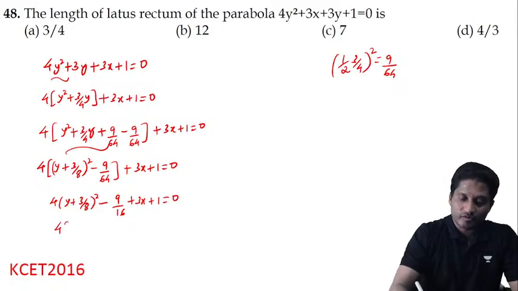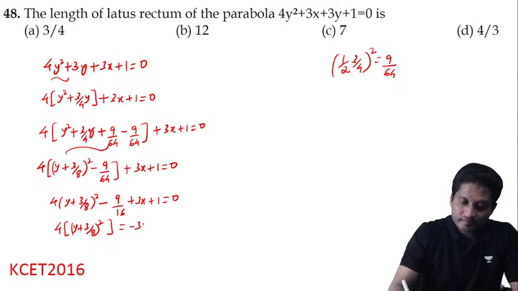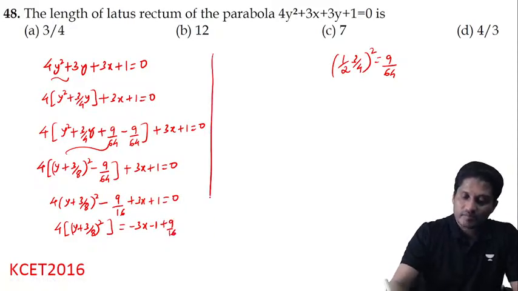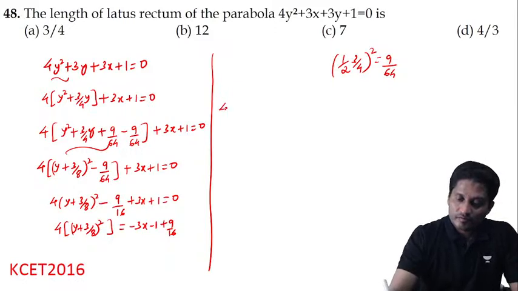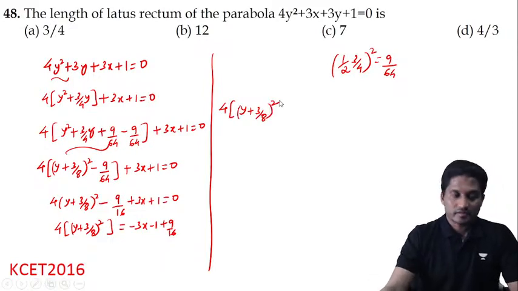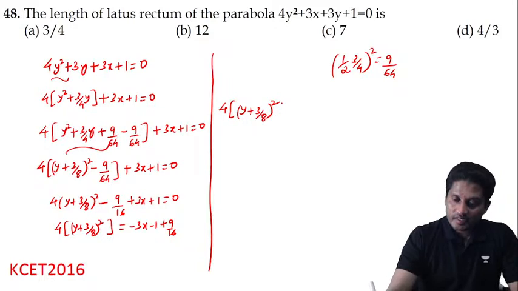You will get sometimes lengthy questions like this. 4 times y plus 3 by 8 the whole square is equal to minus 3x minus 1 plus 9 by 16, which is minus 3x plus 7 by 16.